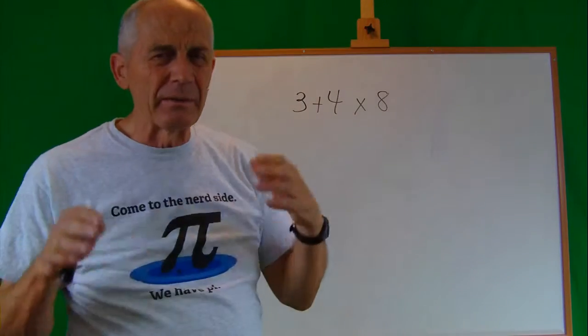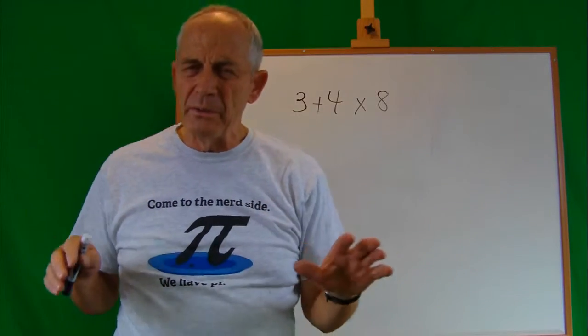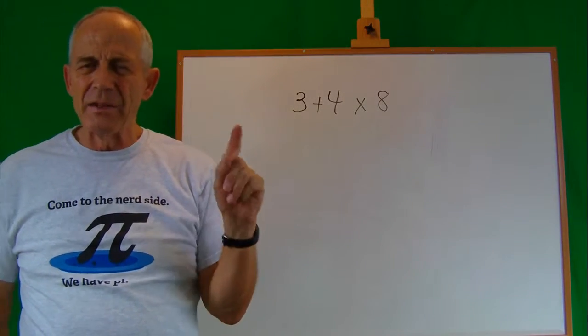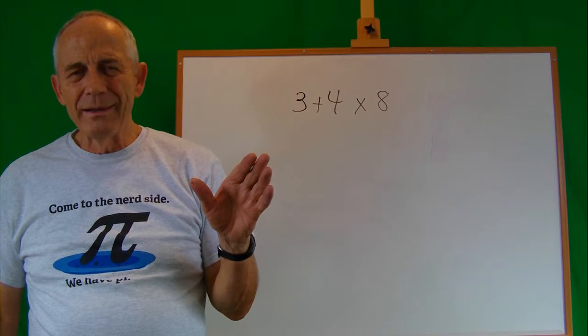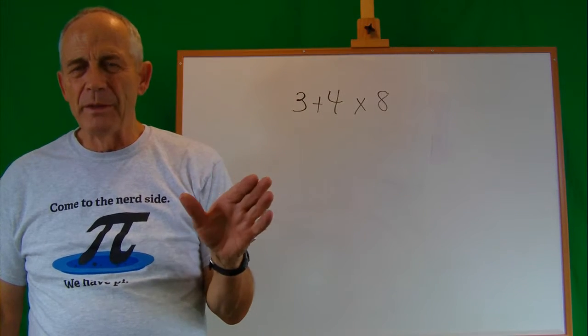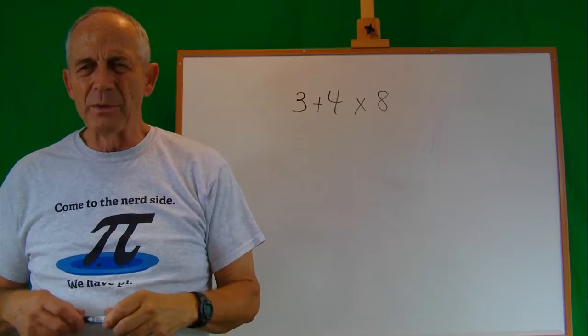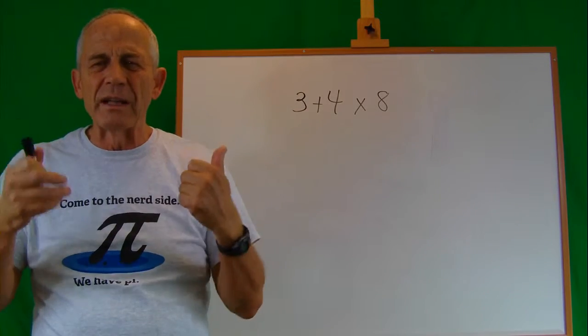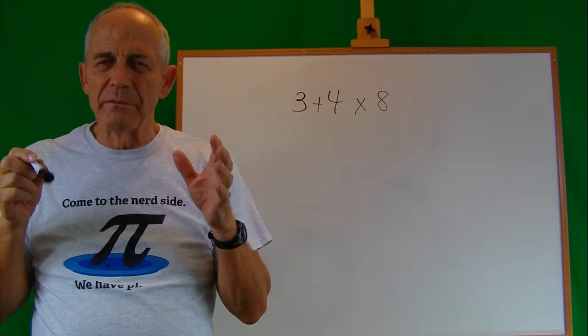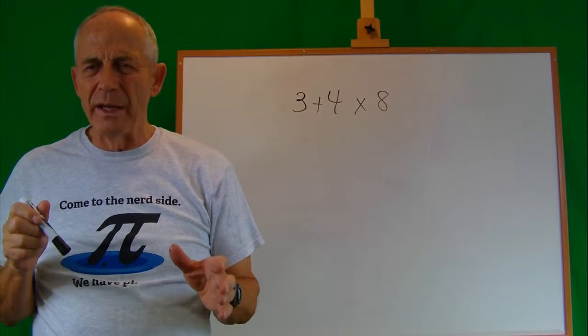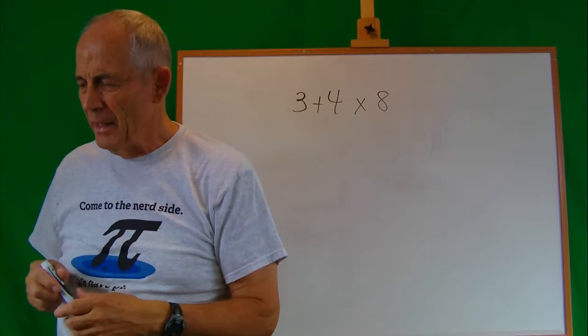So that makes perfect sense to your brain for that to be 56. However, because of the nature of numbers and what we do with them, that's not what the answer is. So it's a problem, and nobody questions the fact that it's a problem. So what we've got to do is somehow get to the point where we can get our brain focused to do it the way that it's supposed to be done.